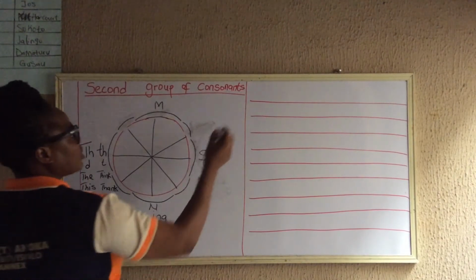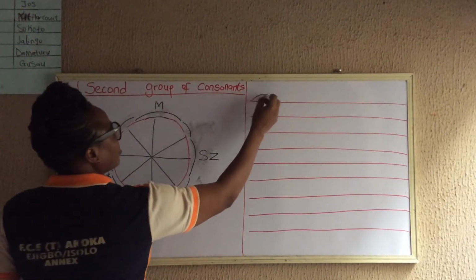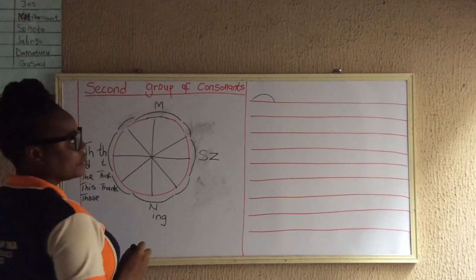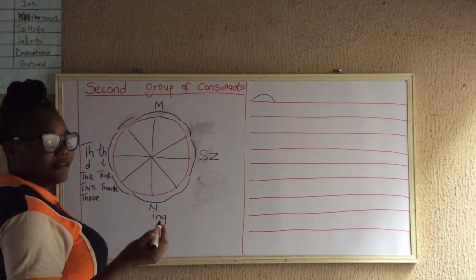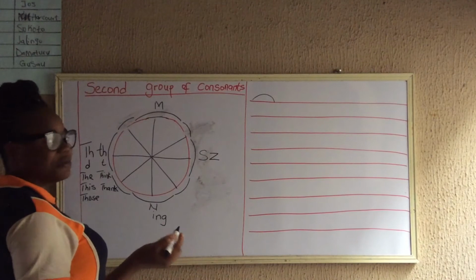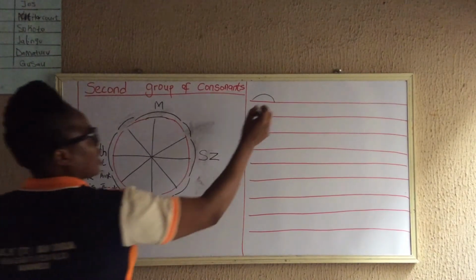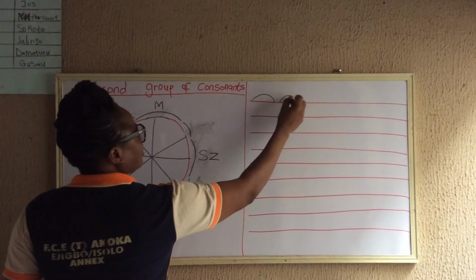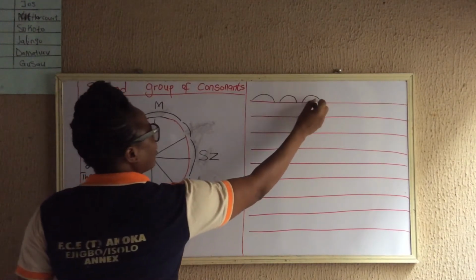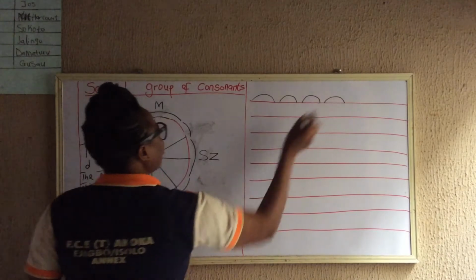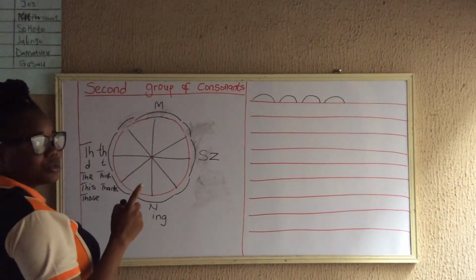This is how to write your M this way. It could be heavy curve or dark curve. This is your M. That is how it goes.